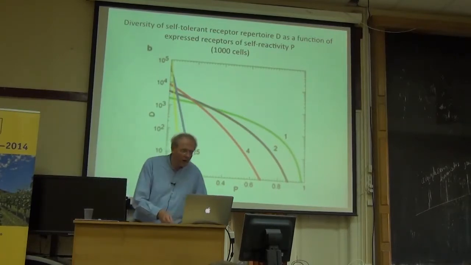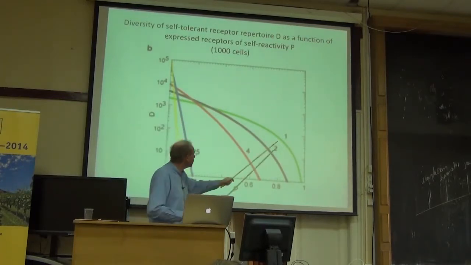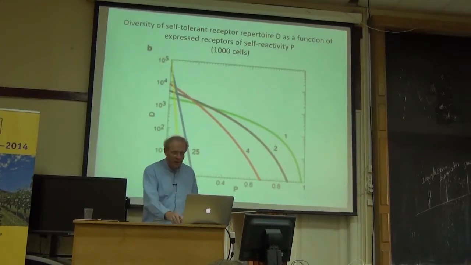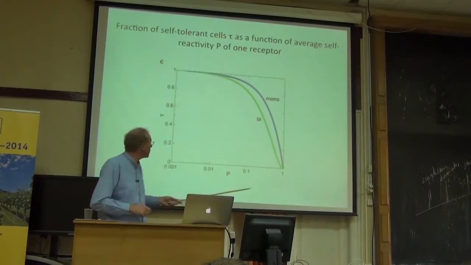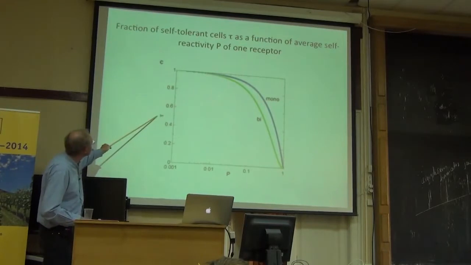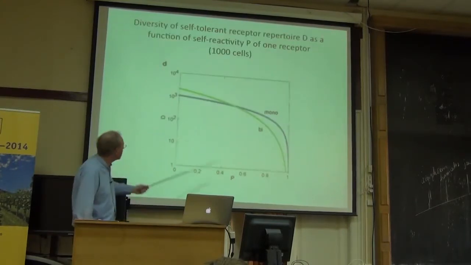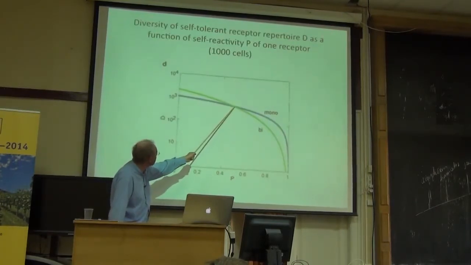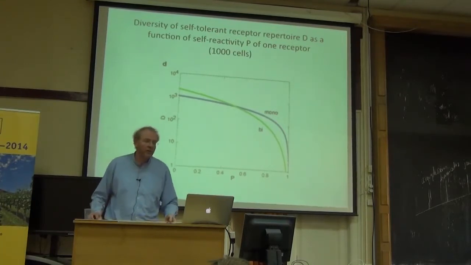And when I go on now and change from co-dominant expression of one locus, that is two different forms, to biallelic, that is co-dominant, or monoallelic expression, we do the same logic. Monoallelic expression has the best fraction of self-tolerant cells under all conditions. And monoallelic expression generates the highest diversity when it goes above 50%.